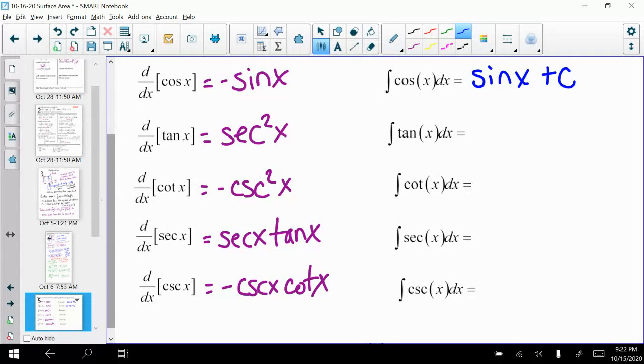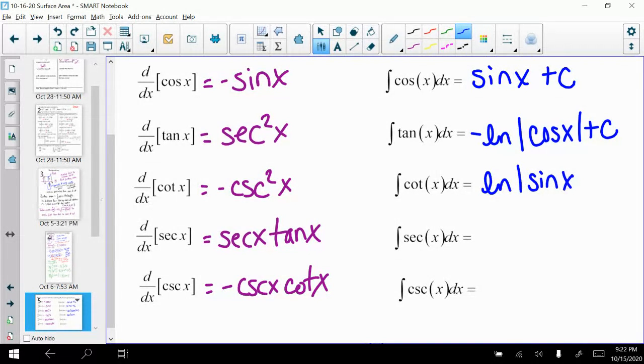You can do this one with a u sub. So the integral of tangent is negative natural log of the absolute value of cosine x plus c. Okay? And then the integral of cotangent is similarly the natural log of the absolute value of sine x plus c.